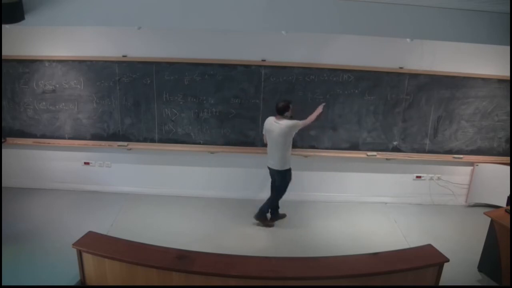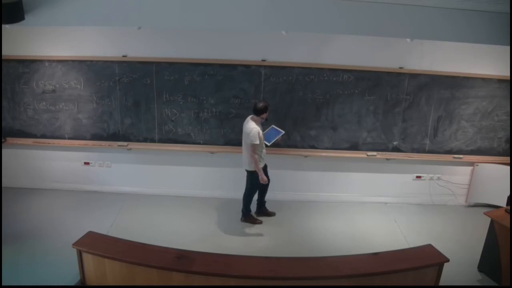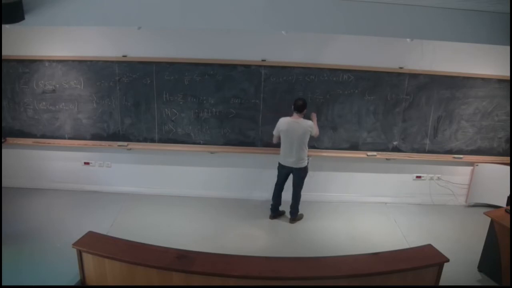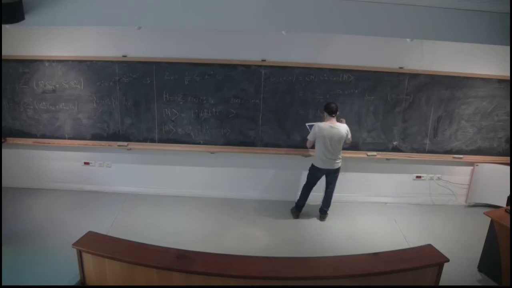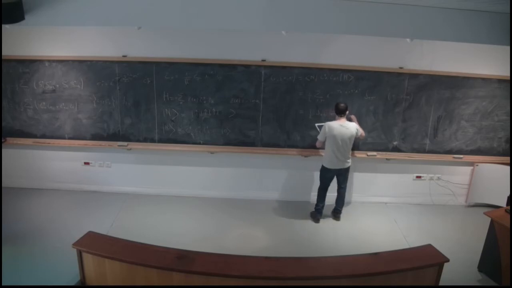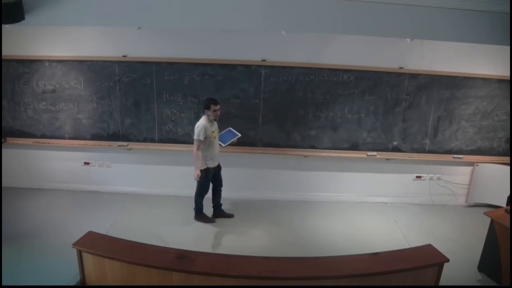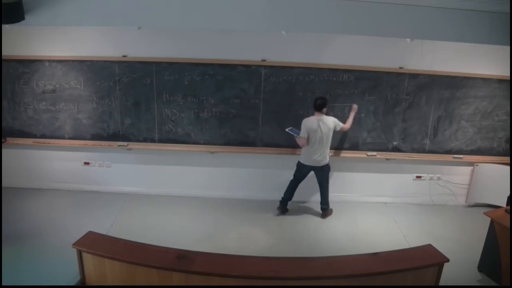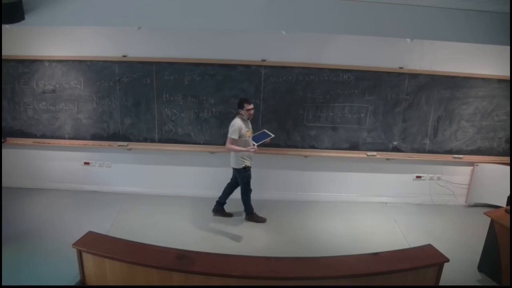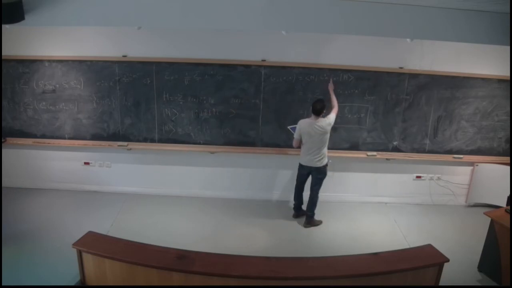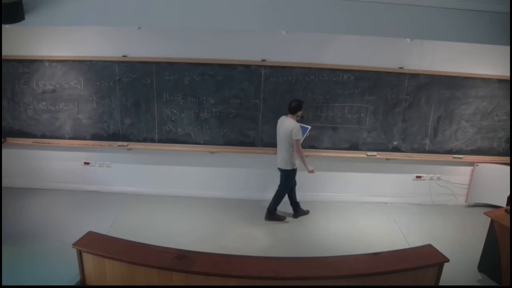Okay, now you can massage this with straightforward manipulations, and you end up with a very simple answer: 1/2 delta k, k prime plus 1/2 delta k, k prime minus pi. Okay, very simple. As I said at the beginning, we are interested in the occupation, so c dagger k c k.